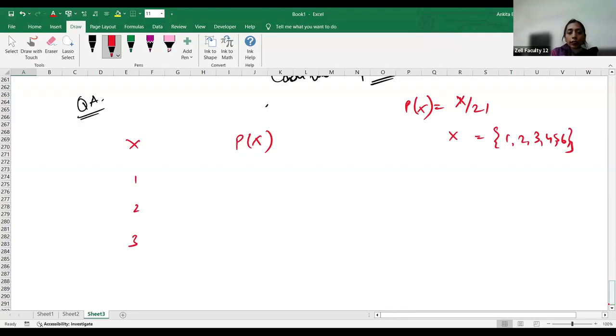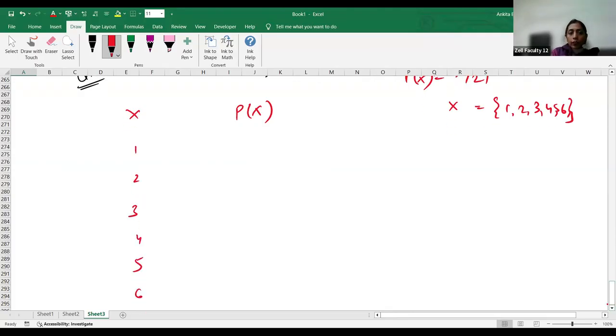And we got this function here: 1 by 21, 2 by 21, 3 by 21, 4 by 21, 5 by 21, and 6 by 21.